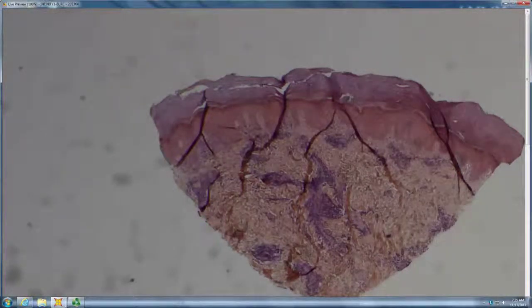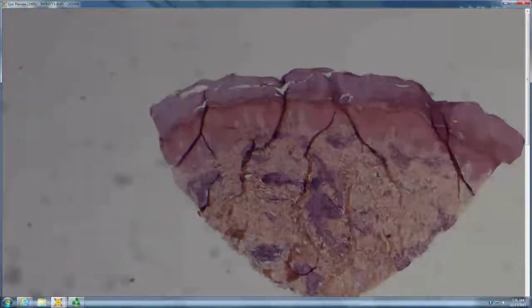Rachel, what do you see? So I see a lot of what are these, like red mixed cells? Those look like EOs. Yeah, so it's a mixed perivascular infiltrate with lots of EOs. And then there's also some up in the papillary dermis. And tell me about your endothelium. Do you see a lumen?